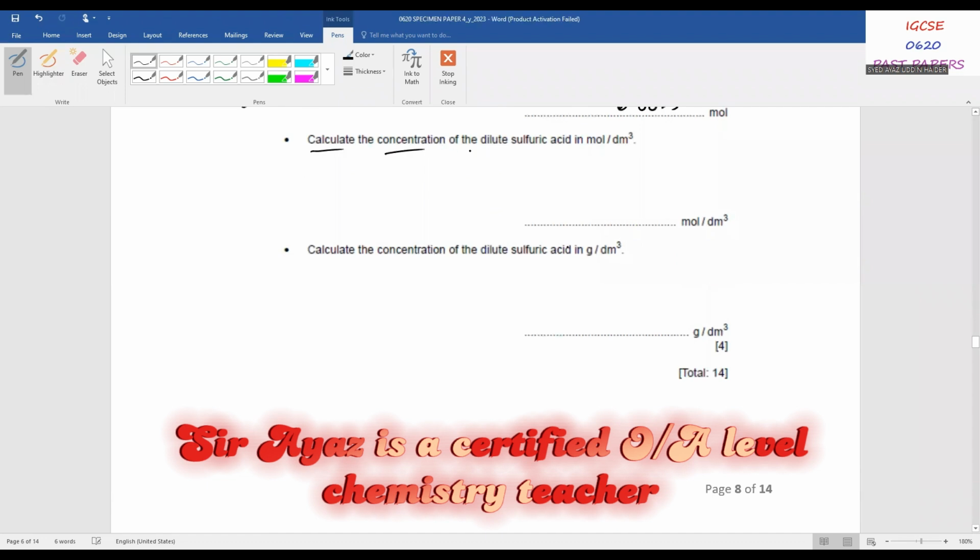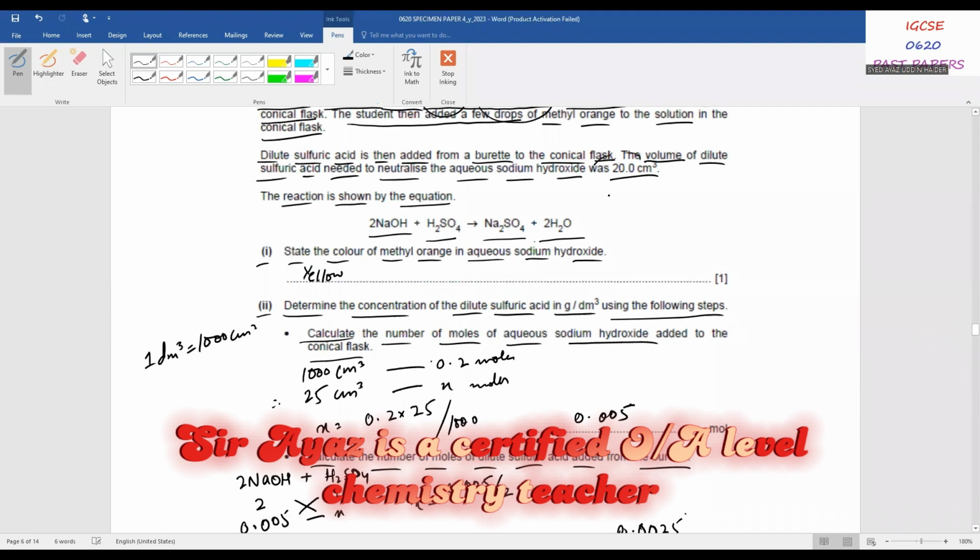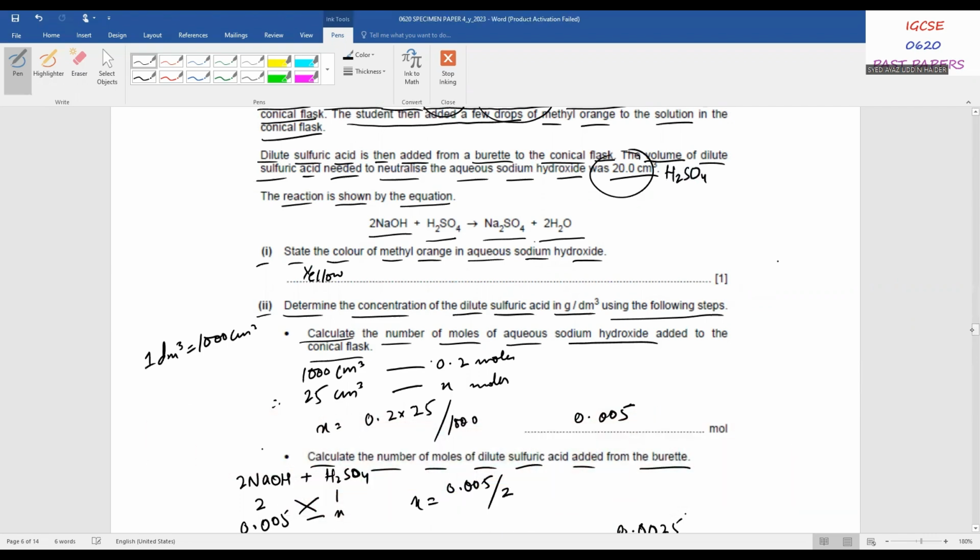Calculate the concentration of dilute sulfuric acid in mole per dm cube. Now these are the moles which are present in 20 centimeter cube of sulfuric acid, which are initially used in this reaction. This is the volume for sulfuric acid.